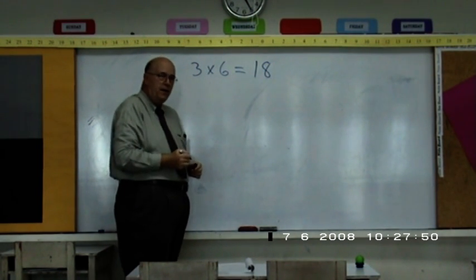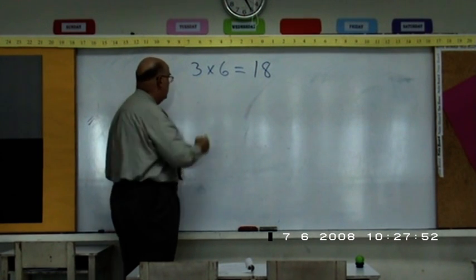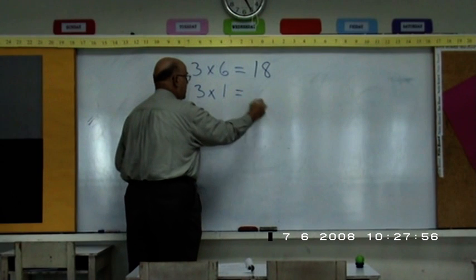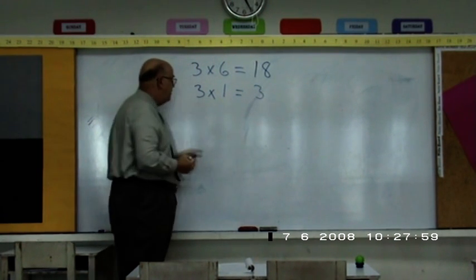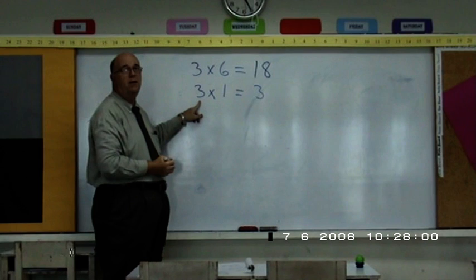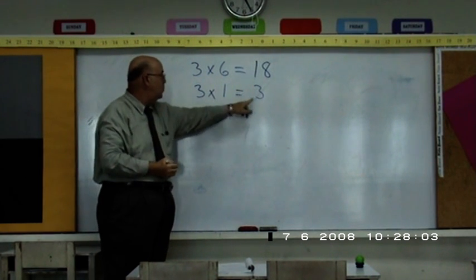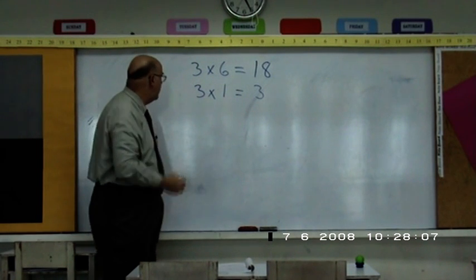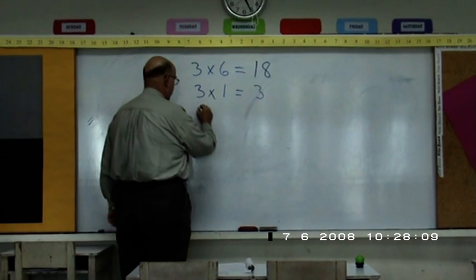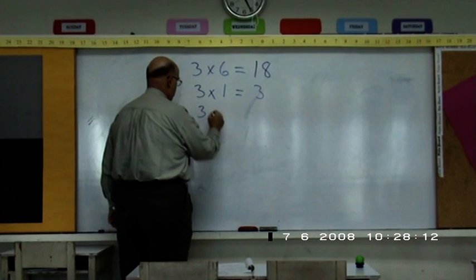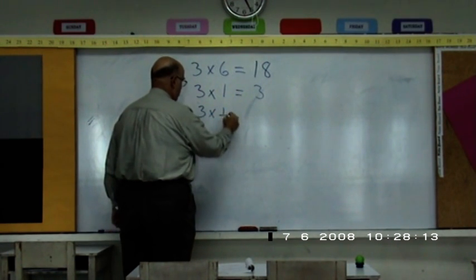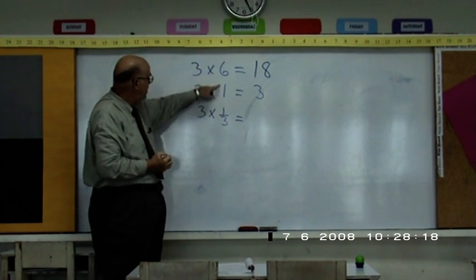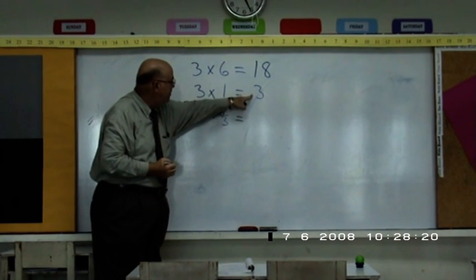Now when we multiply a number by 1, let's say 3 times 1, we get 3. And for any number we put in here that we multiply by 1, we get the same number. But when we multiply by a fraction, you can see that the numbers are getting smaller.